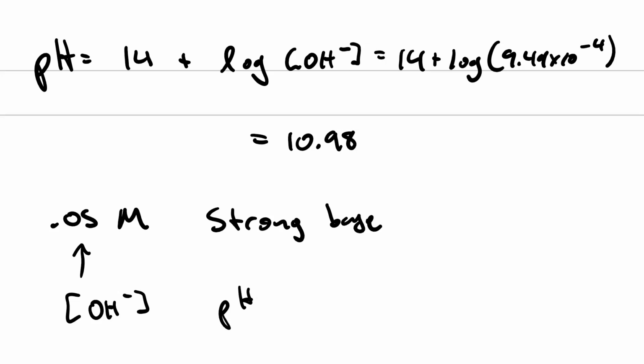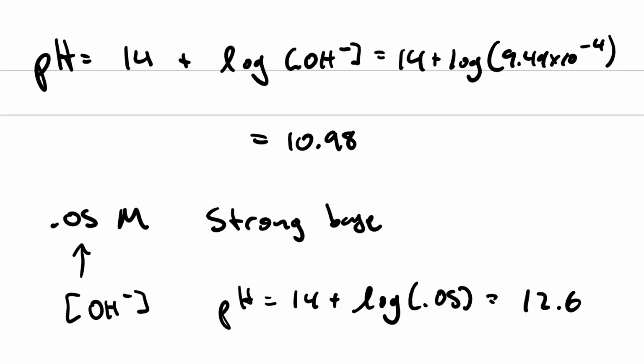And the pH would be 14 plus the log of 0.05, which is 12.70. So it makes sense that a strong base at the same concentration should have a higher pH than a weak base.